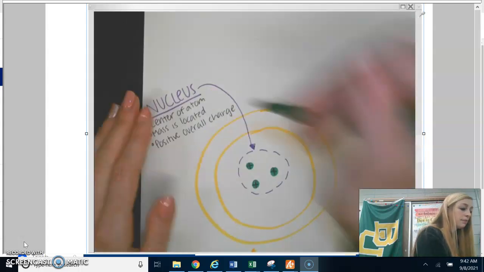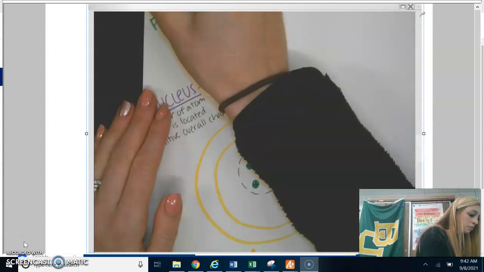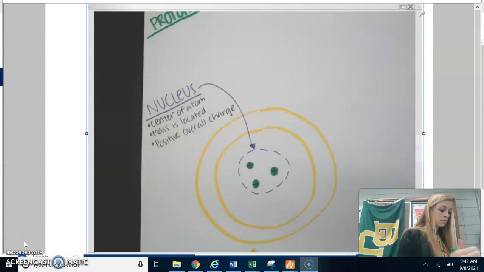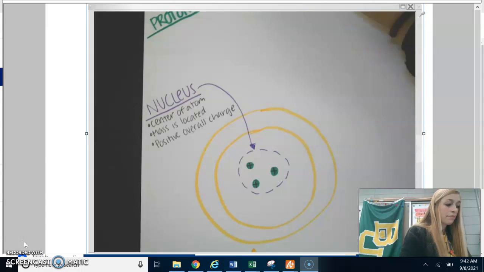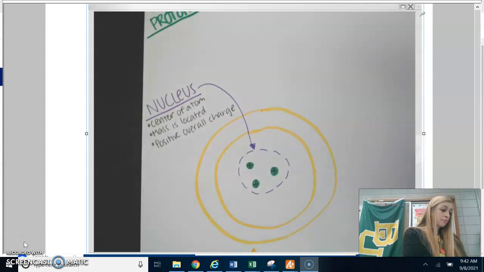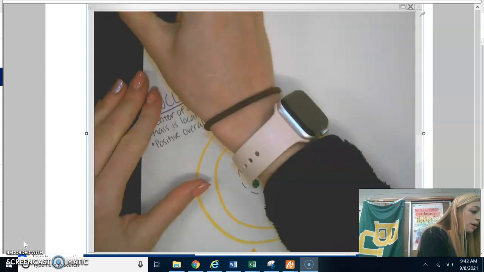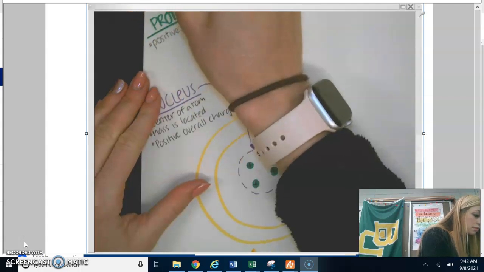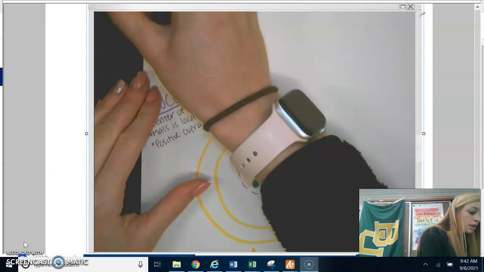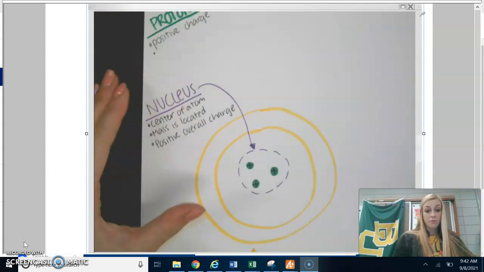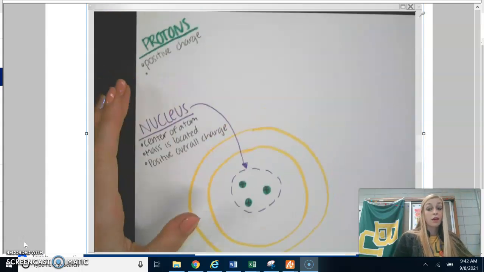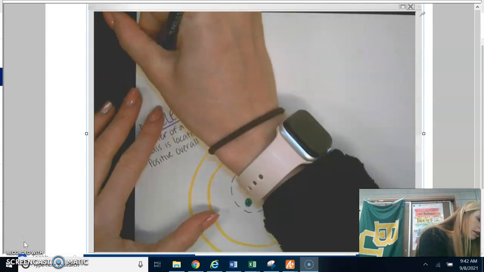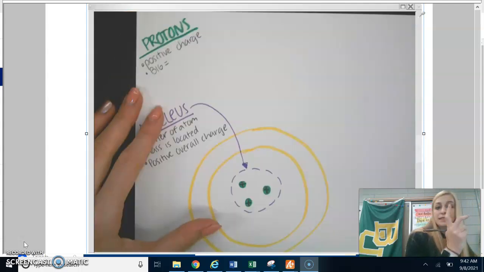I put a plus sign in the middle. Okay, protons have a positive charge. In the story, were they big or small? They were big.